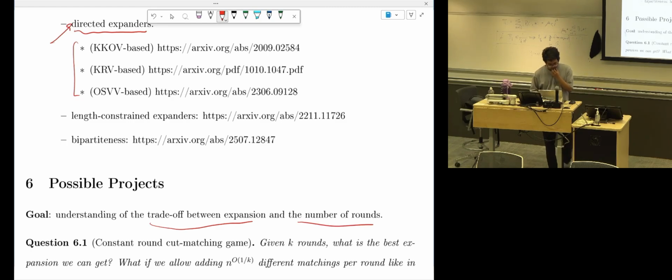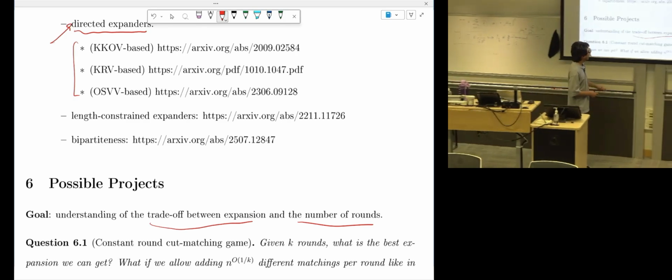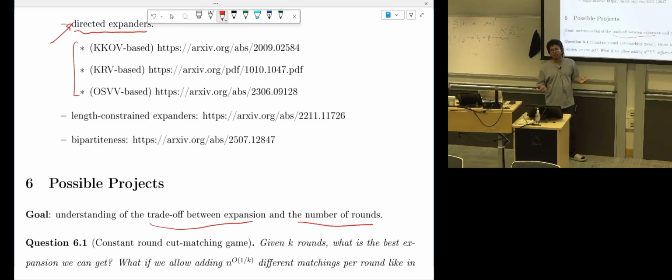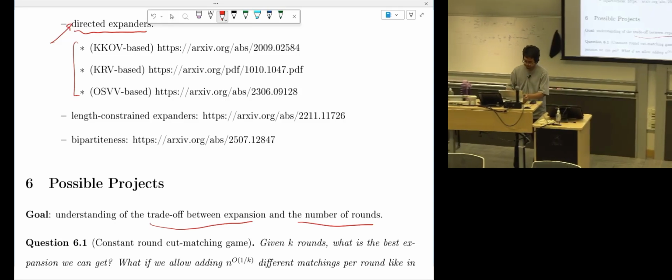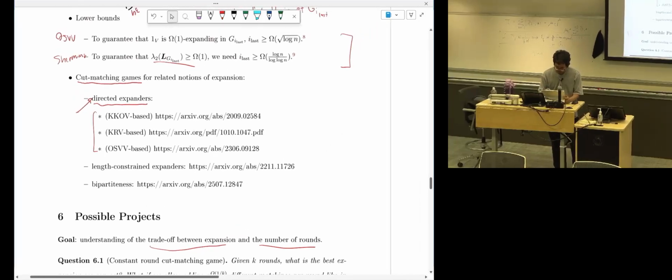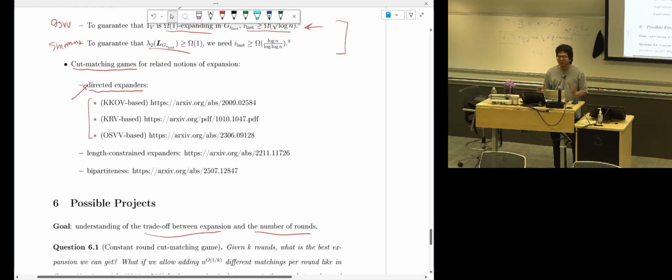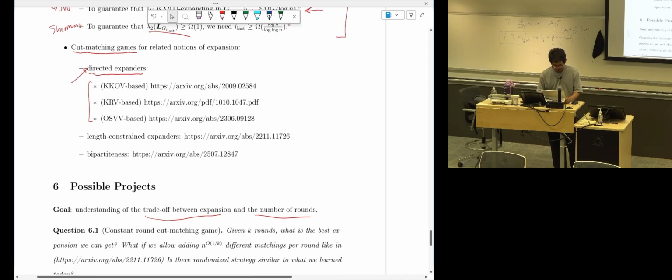For example, can we hope for constant rounds? This says that if you want this expansion, you need square root log rounds, so not constant. But what is the best you can do with constant rounds?